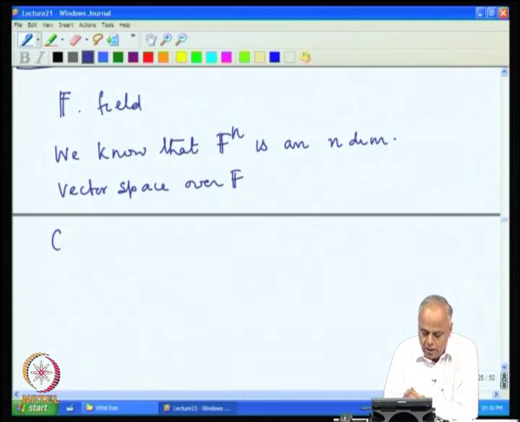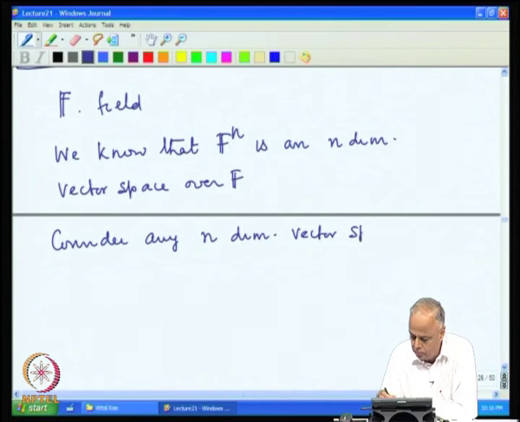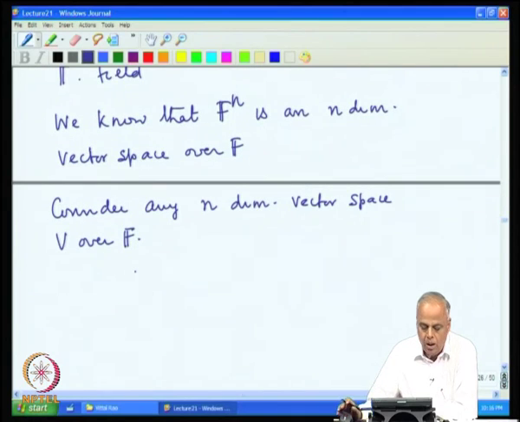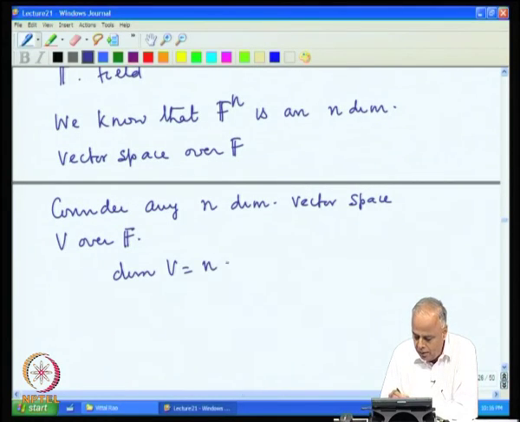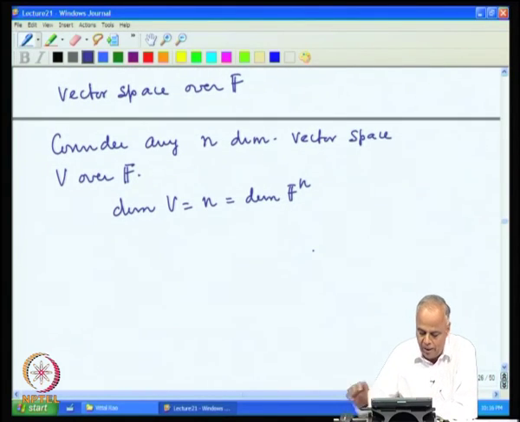Now, consider any n dimensional vector space V over F. Now, since dimension of V is equal to n, which is equal to the dimension of F^n, we have seen that any two vector spaces of the same dimension are isomorphic.